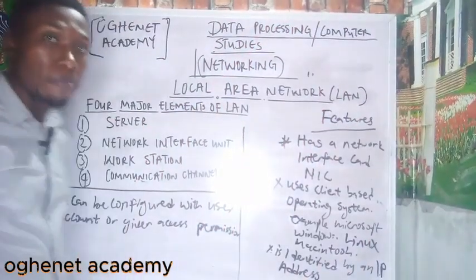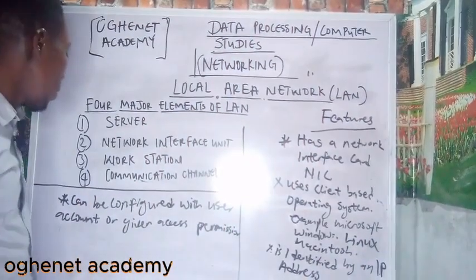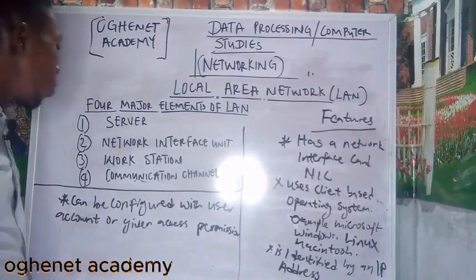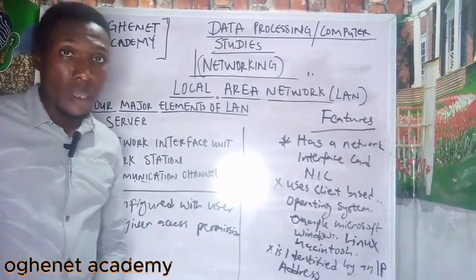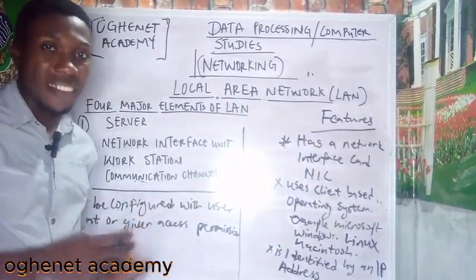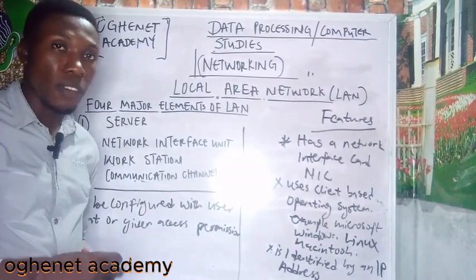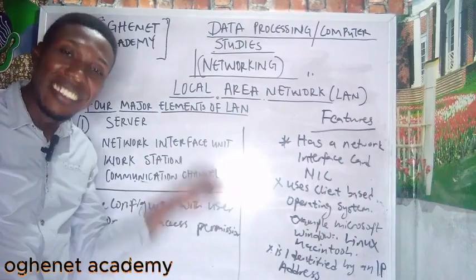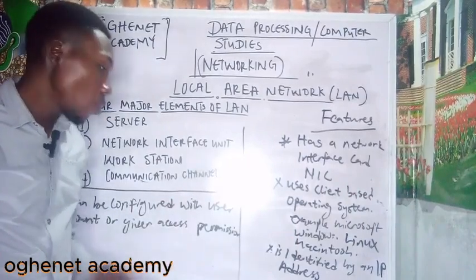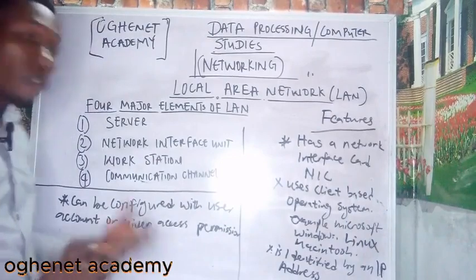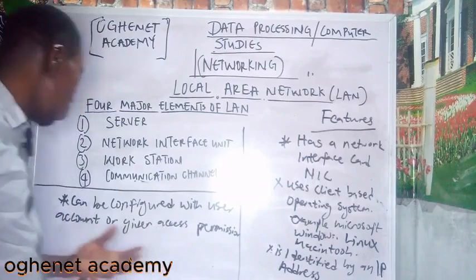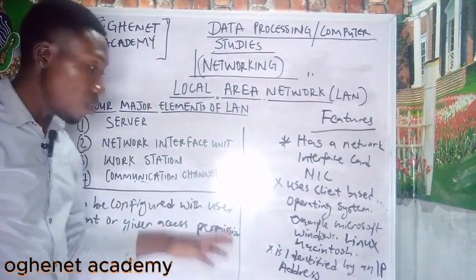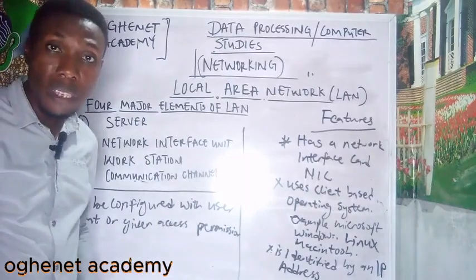So you can look at it as being able to configure different users that can access the different files and folders that have been stored in the server. So the workstation can be configured in such a way that it will determine the users that can have access to the different stored files and folders in the server.